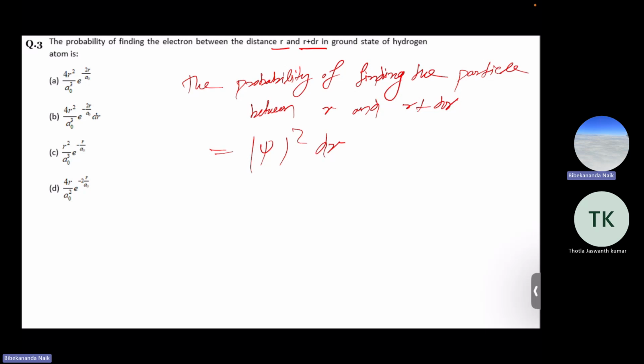Now if you consider the total volume, then we need to take the integration.